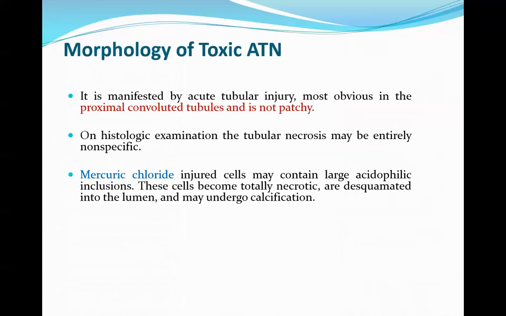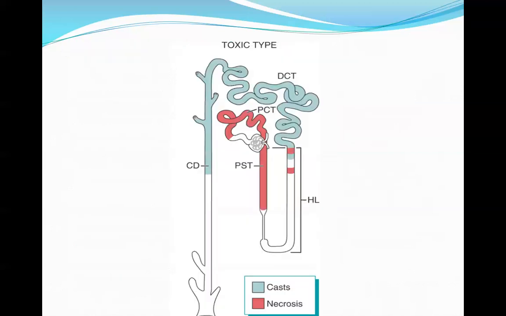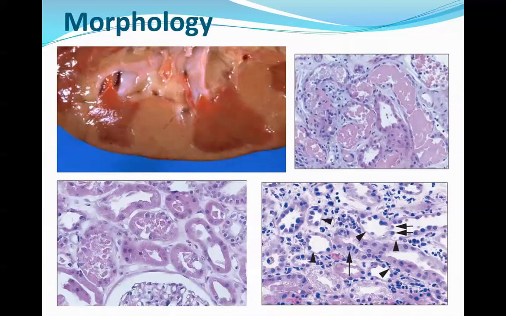And if I show you this one and I ask, this will be a toxic one because it is continuous. Clear? Okay. So this is how you see grossly and microscopically. Grossly, you see this is a normal kidney, this is injured one, this is normal one, this is injured one. So you have normal and abnormal together.